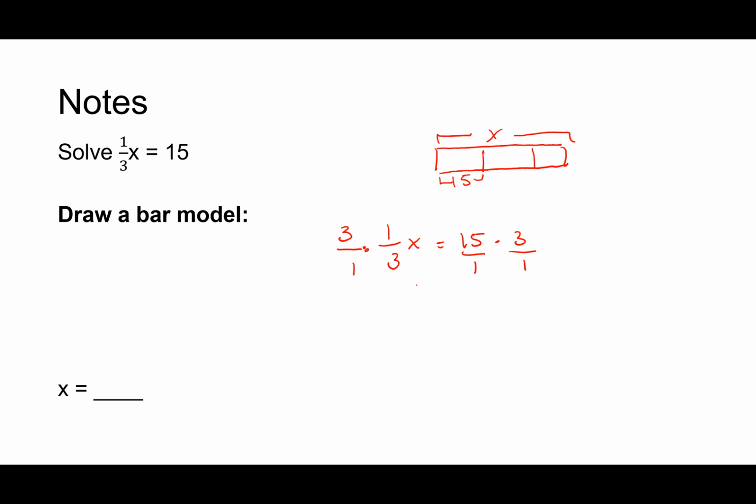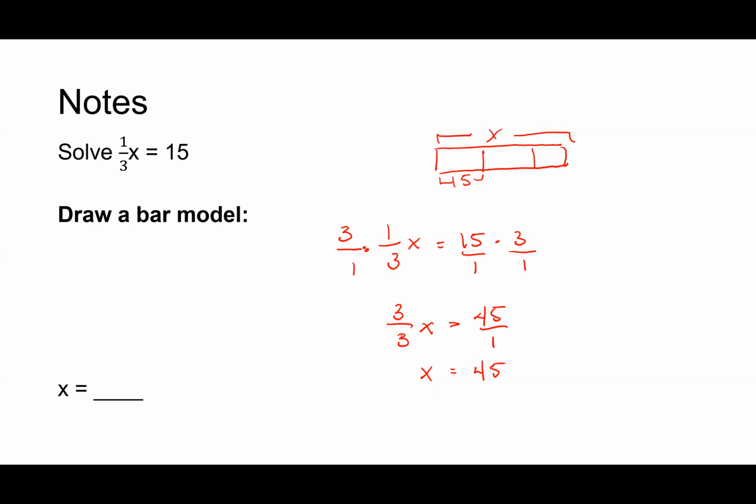Okay, so now I've got 3 times 1 over 1 times 3. That gives me 3/3x, and 15 times 3, 45/1. What's 3 divided by 3? What is it, class? 1. So I just have 1x. Now remember, I don't write 1x. I just write x. X equals 45.